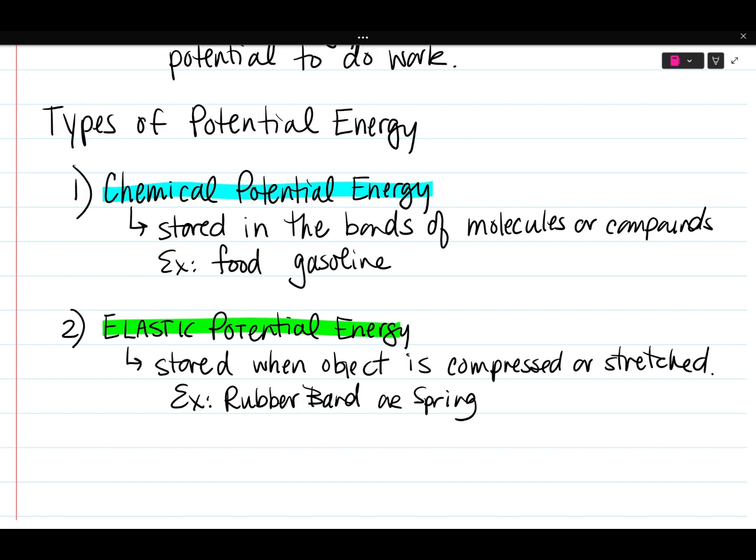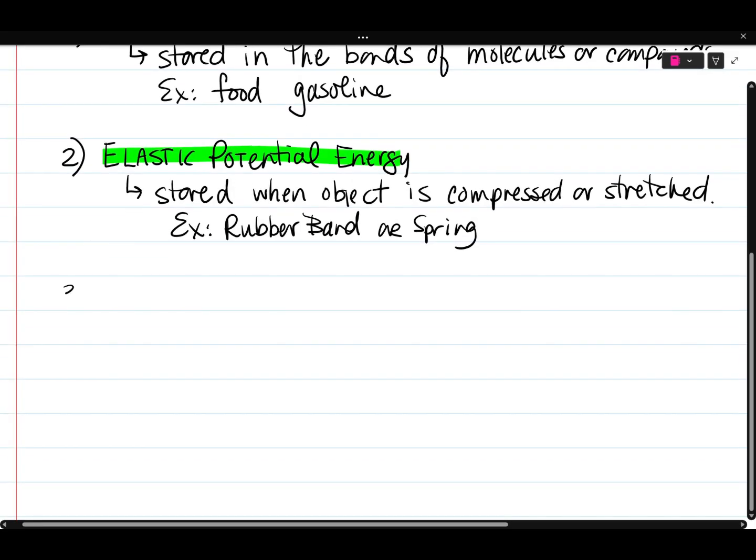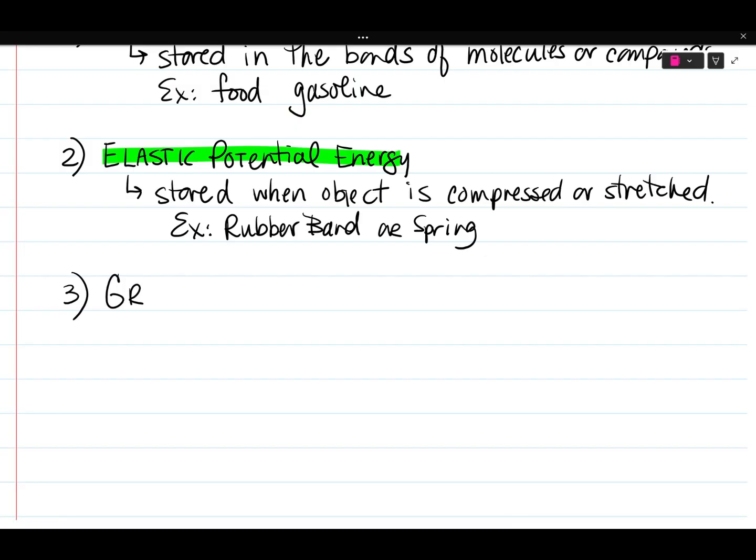The third type of energy is the type that we are going to be looking at in greater detail, and that is gravitational potential energy.